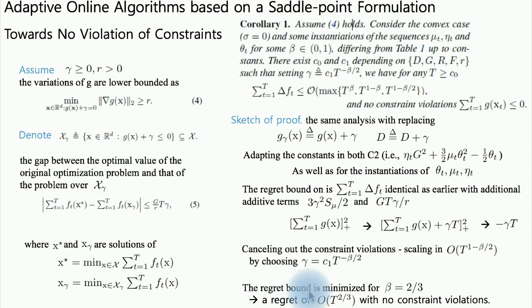The regret bound is minimized for beta equal to 2 over 3, leading to a regret of order t to 1, 2 over 3 with no constraint violation.